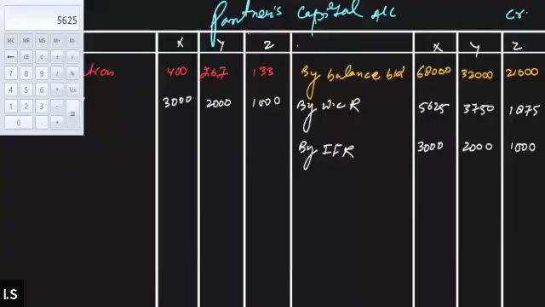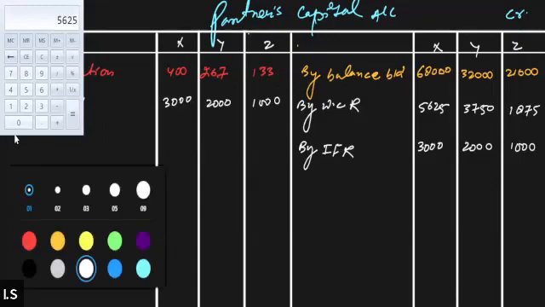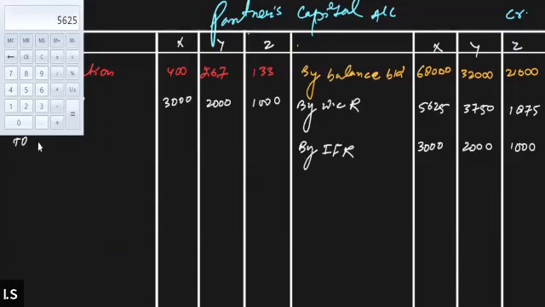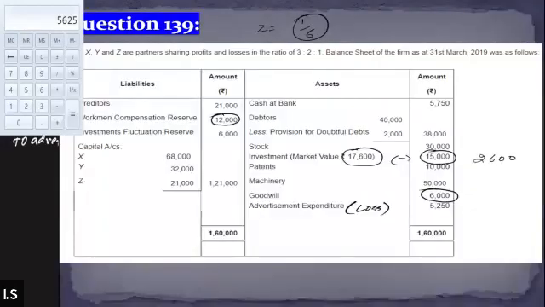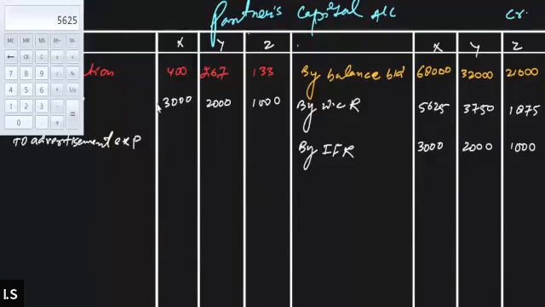We'll write down on the debit side to advertisement expense. And the loss of it will be distributed among the partners in the old PSR again. So let me check the amount. The amount was 5250.